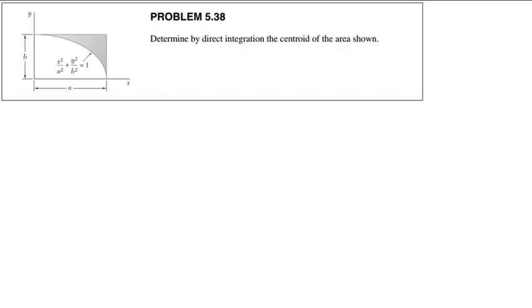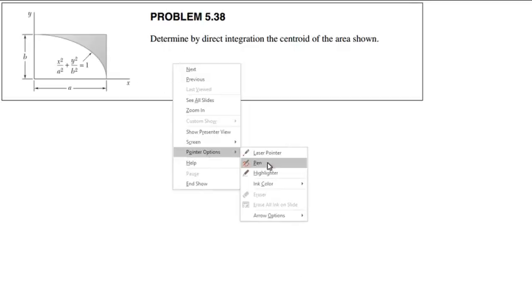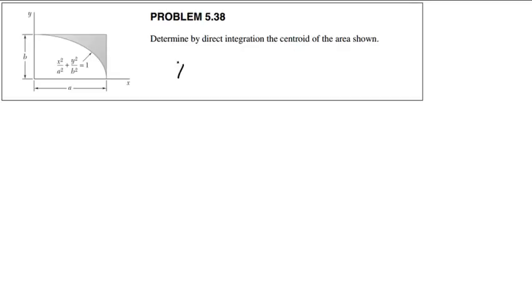So let's say y squared over b squared equals 1 minus x squared over a squared, and y squared equals b squared minus b squared x squared over a squared. All right, what else could we do?